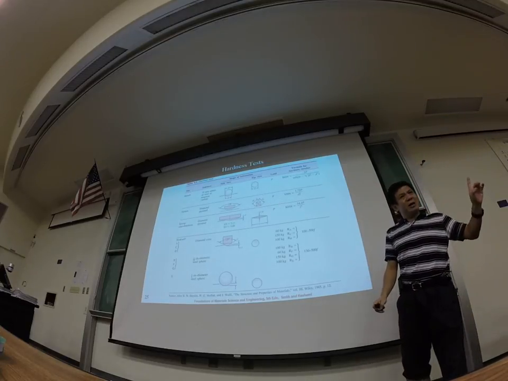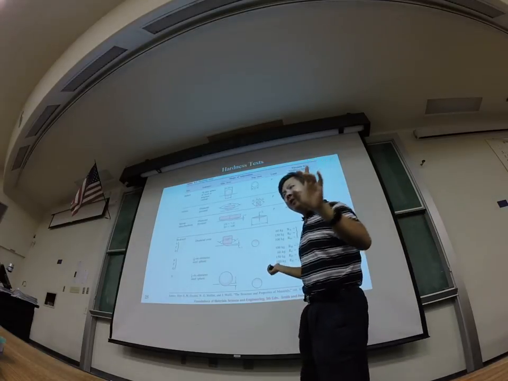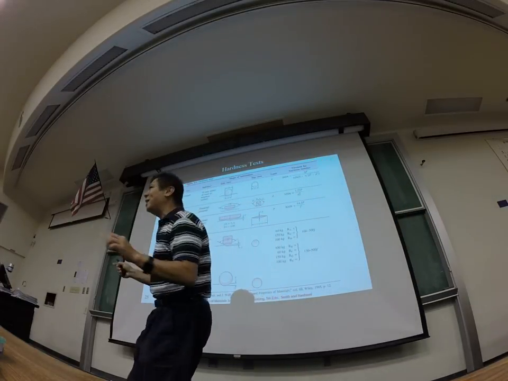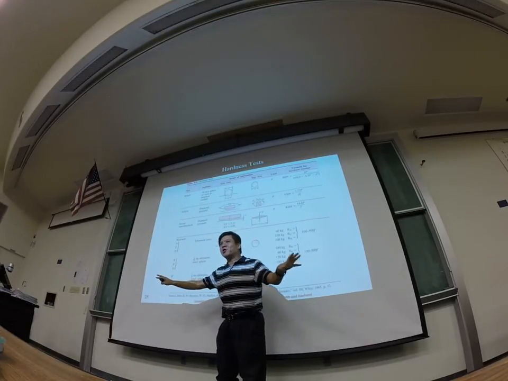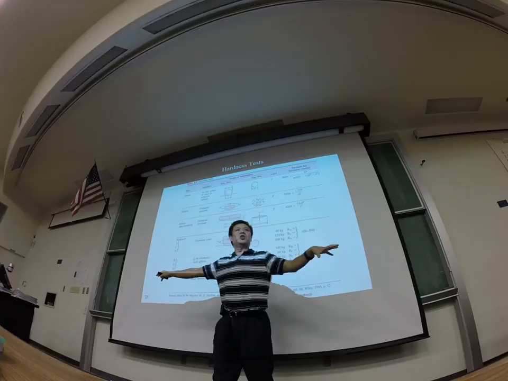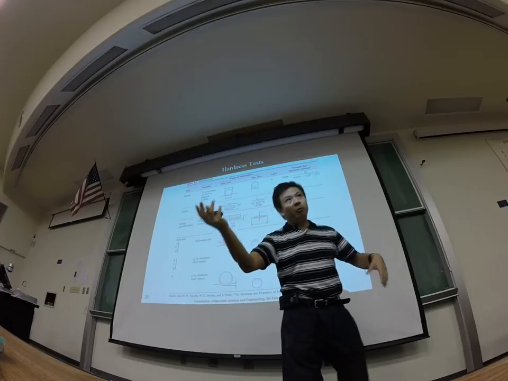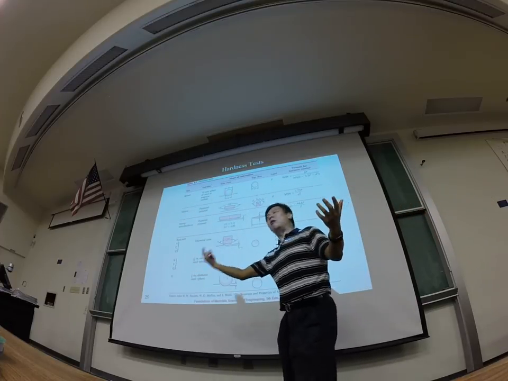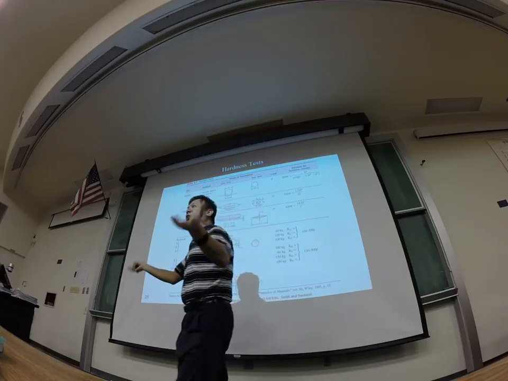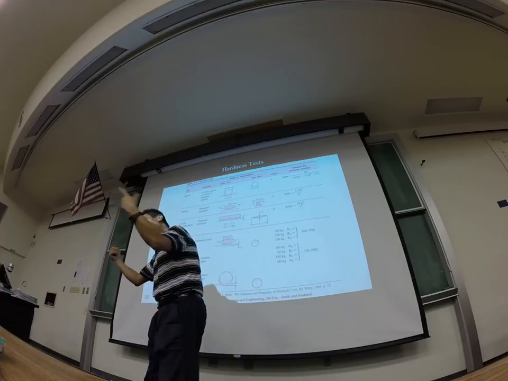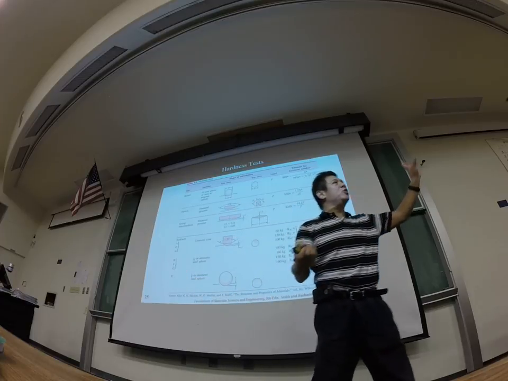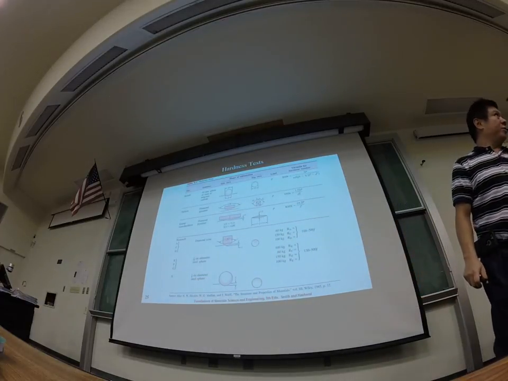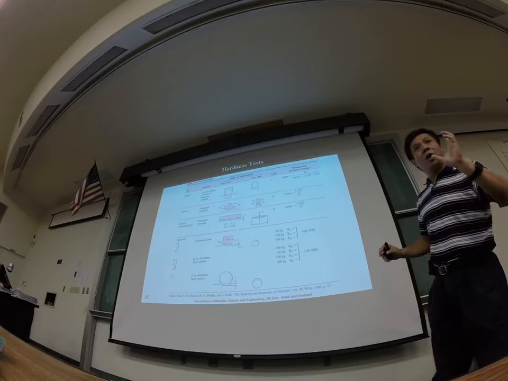But once again, the hardness testing gives you a relative comparison. If you use the same method to test different materials, for example low carbon steel and high carbon steel, you should get different hardness. That is an indication that can correlate to the strength of the material. That gives you some characterization.